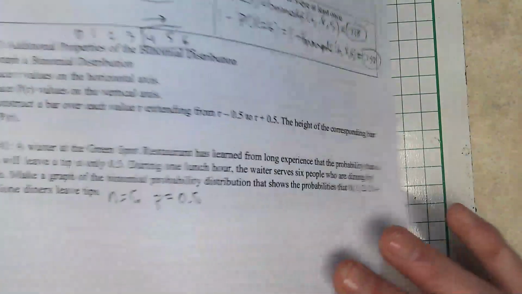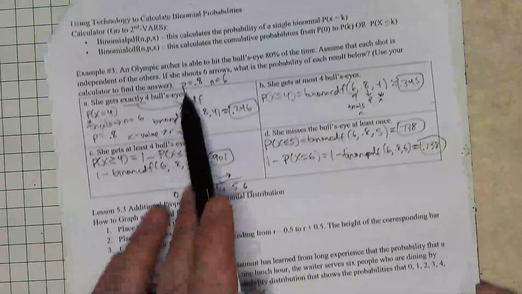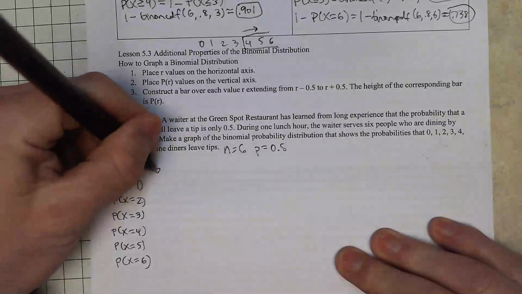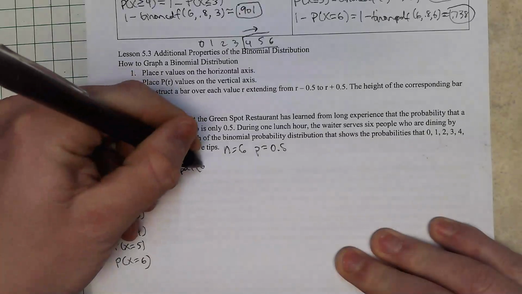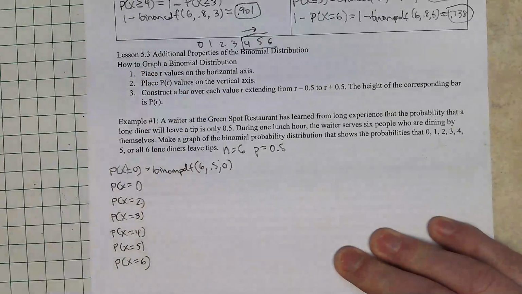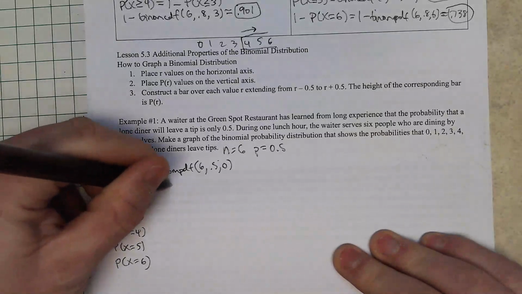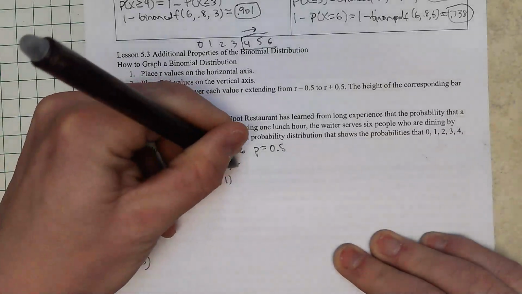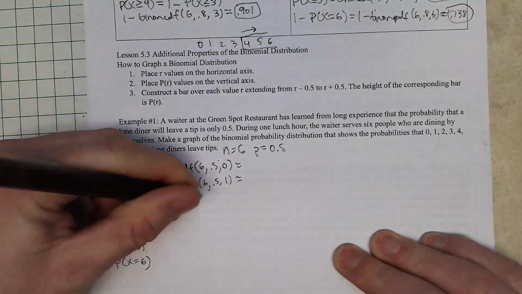You could also use your TI calculator. Since we're talking about exact values, we could use Binom PDF. You put your n first, which is 6, your p-value, which is 0.5, and then your x value, which is 0. It will be the same thing all throughout: Binom PDF 6, 0.5, and 1. What's changing each time is the x.